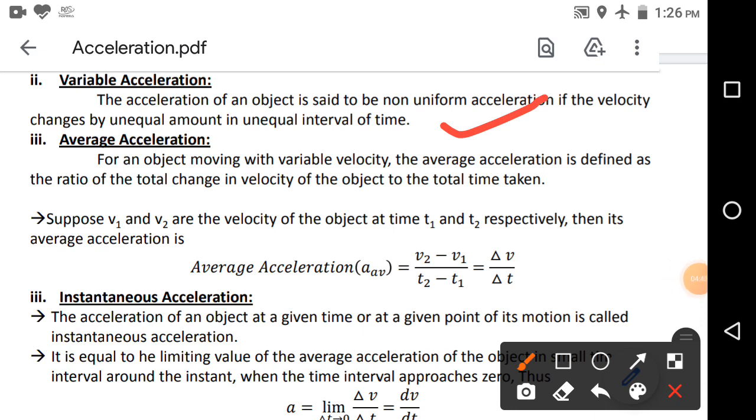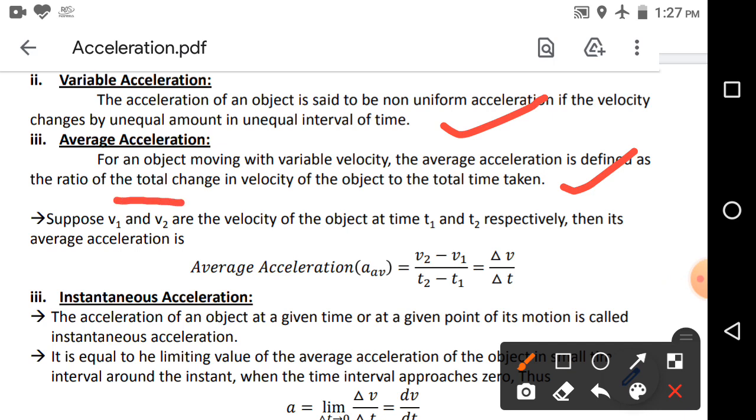Then average acceleration. For an object moving with variable velocity, the average acceleration is defined as the ratio of total change in velocity of the object to total time taken.